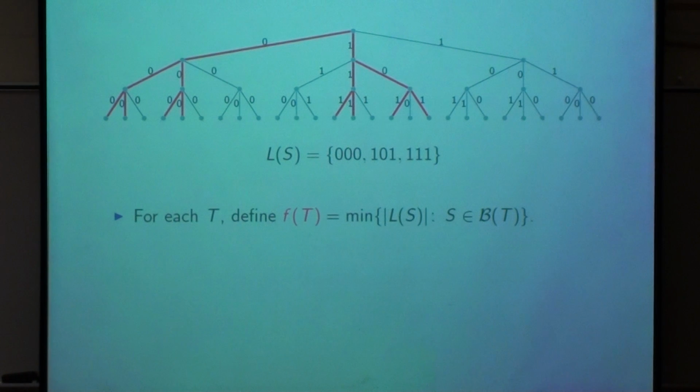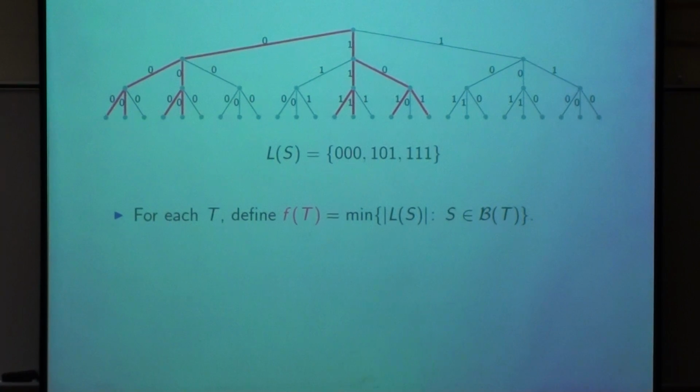Okay, so we're looking for a binary subtree which minimizes the number of path labels, so we'll have a notation to capture this goal. f of T is going to be the minimum of the size of L of S over all binary subtrees S of T. So it's the minimum over all possible binary subtrees that you could choose of the number of path labels that occur in the subtree.